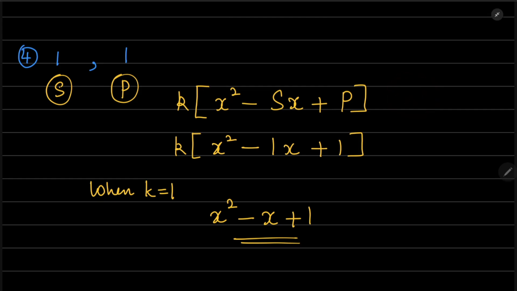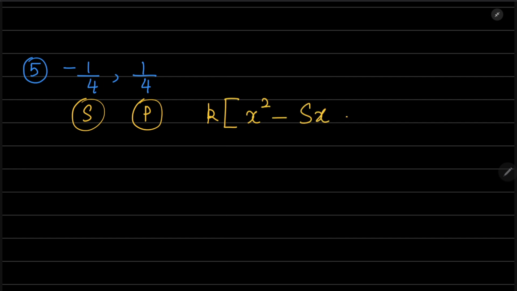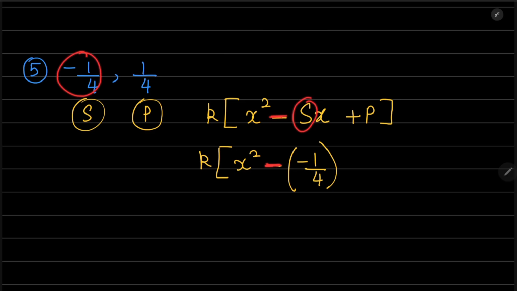Let's move on to the fifth question. Minus 1 by 4 and plus 1 by 4. So one is the sum, the other one is the product. The formula is k multiplied by x square minus sx plus p. So k multiplied by x square minus the sum, which is minus 1 by 4. Okay, this minus is the formula's minus and the sum also has the negative sign, so I am putting it in the bracket.